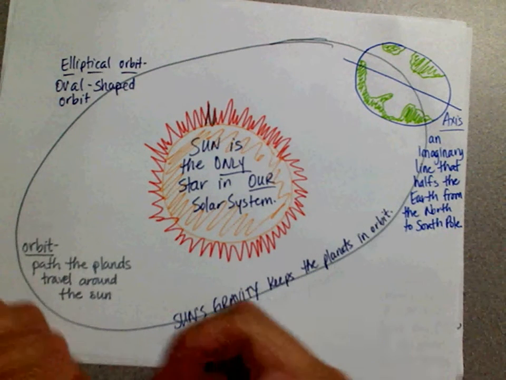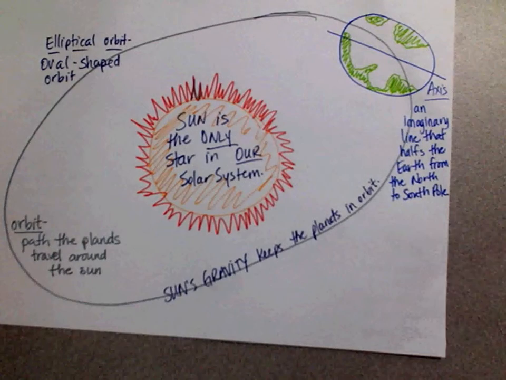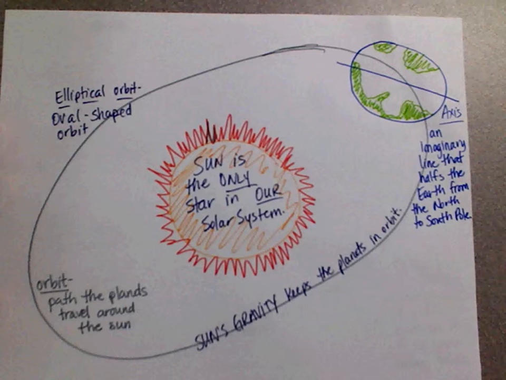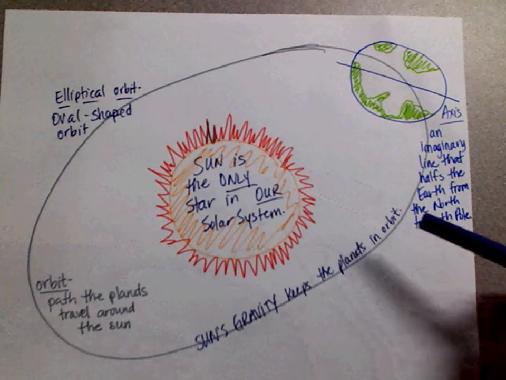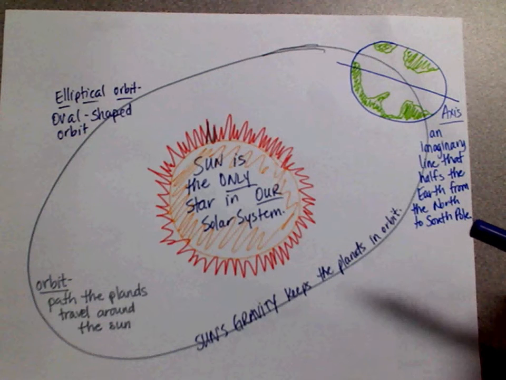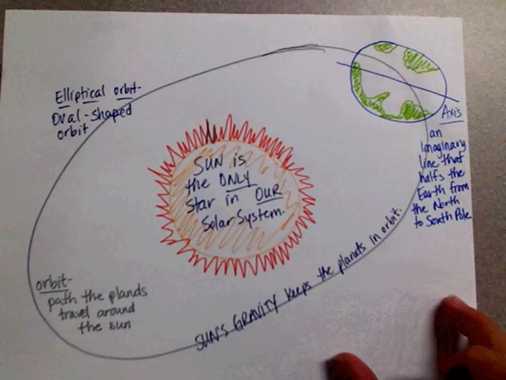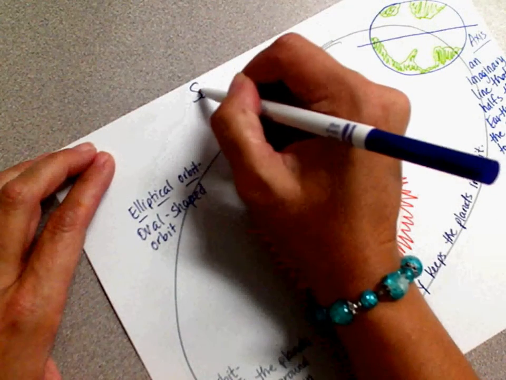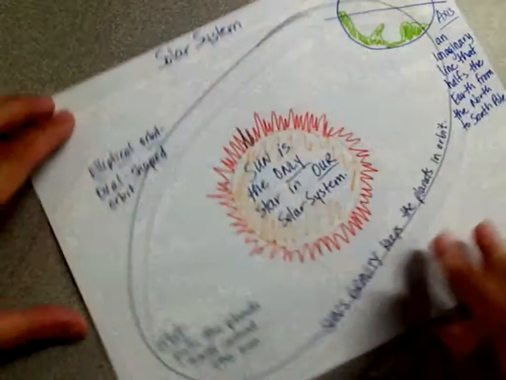Okay? Now, you have page 21 in your science study guide. Okay? What am I going to call this? So, the title of this is Solar System. Okay?